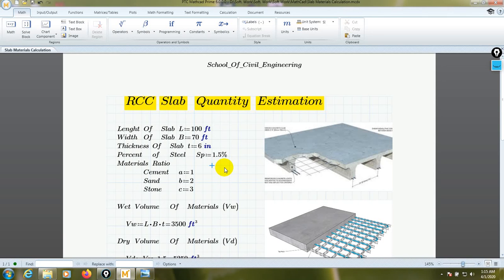This percentage is used according to thumb rule, and you can find that value on the internet or according to code. After that, we'll consider our material ratio of cement, sand, stone as 1:2:3.